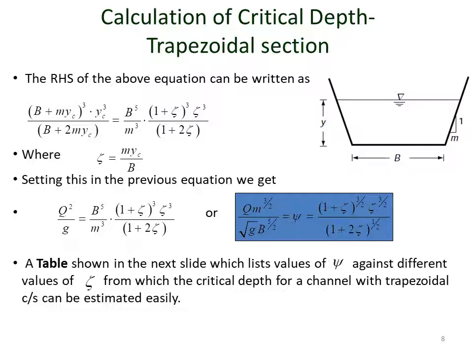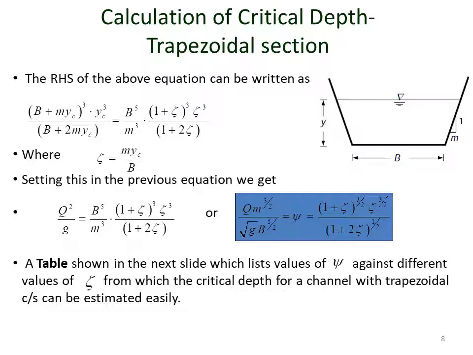So setting this in the previous equation, we get the expression which is highlighted in blue. And this equation highlighted in blue is the equation we are going to use in estimating the critical depth for trapezoidal channels.